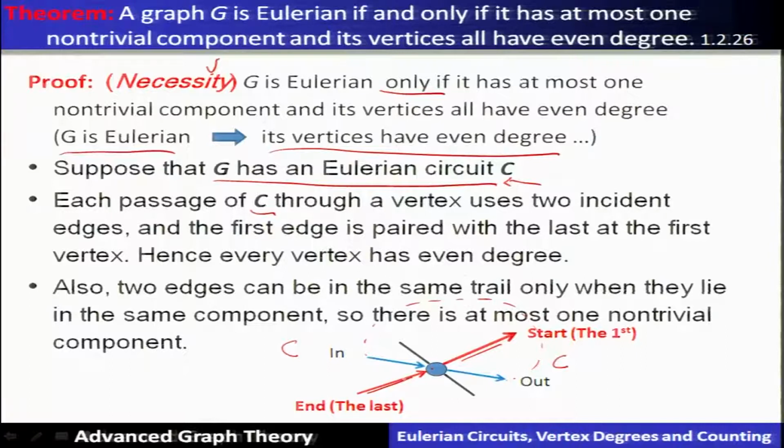Hence every vertex has even degree in this case, when the circuit passes through the vertices. Also, two edges can be in the same trail only when they lie in the same component. So, there is at most one non-trivial component.